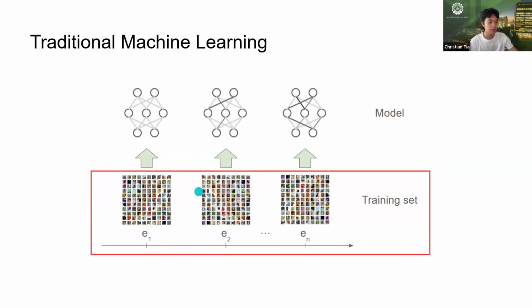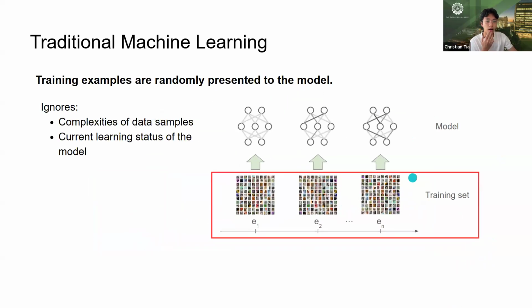And we do this iteratively and in multiple cycles until we're satisfied with the model's performance, based on some criteria, like if the model has converged or a certain criteria has been met. So like I mentioned, the training examples are randomly presented to the model.